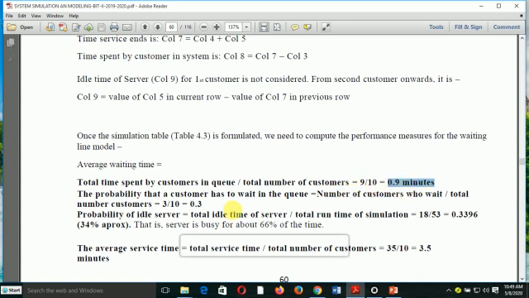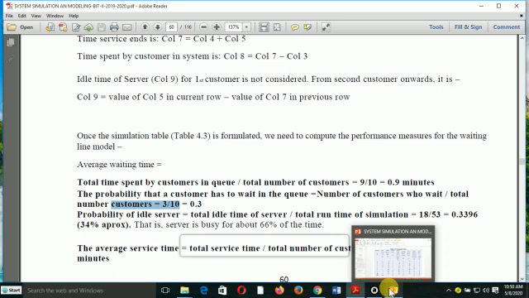It is very small. Now the probability that the customer has to wait in a queue is the number of customers who wait out of the total number of customers. We will check if it is low or high.